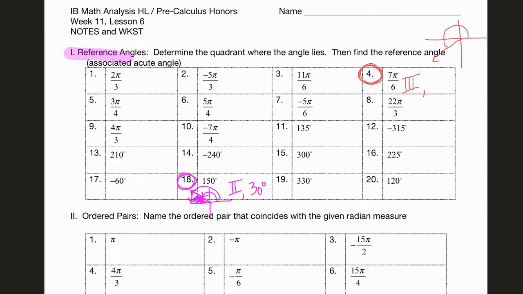Now, the question is, how much is this measure? It's an acute angle made with the x-axis. If this all the way to here is 6 pi over 6, and this line is drawn at 7 pi over 6, then that little wedge that I've shaded in is just 1 pi over 6. That's the reference angle. So that's how you do section 1.